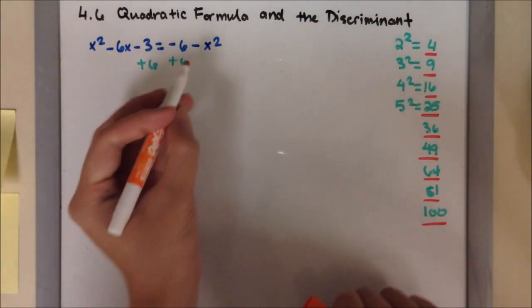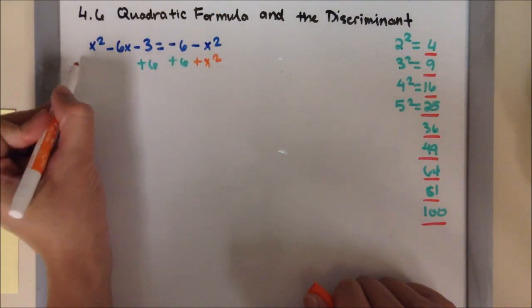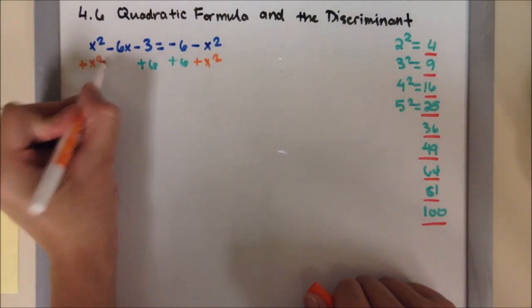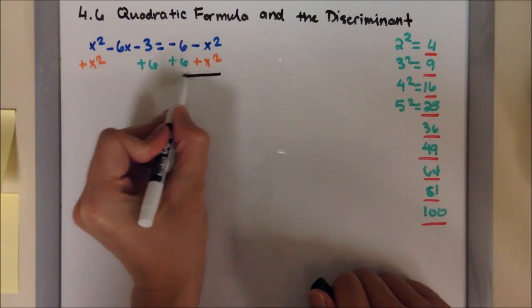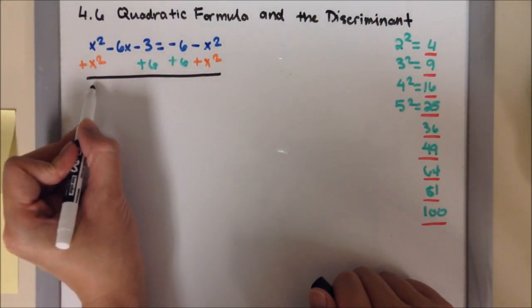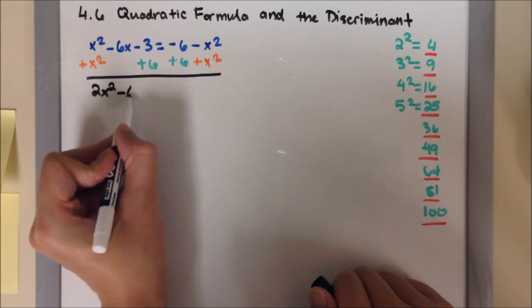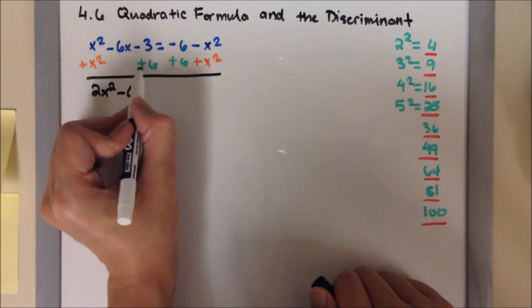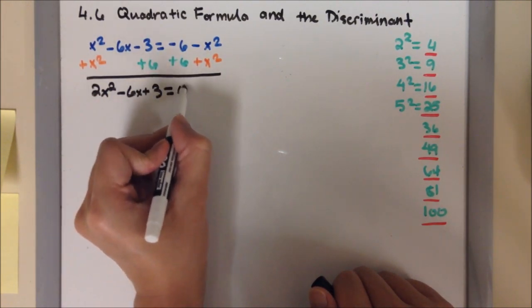And the opposite of minus x squared would be plus x squared. When I combine like terms, x squared plus x squared is 2x squared, minus 6x. Negative 3 plus 6 will be plus 3, equal to 0.